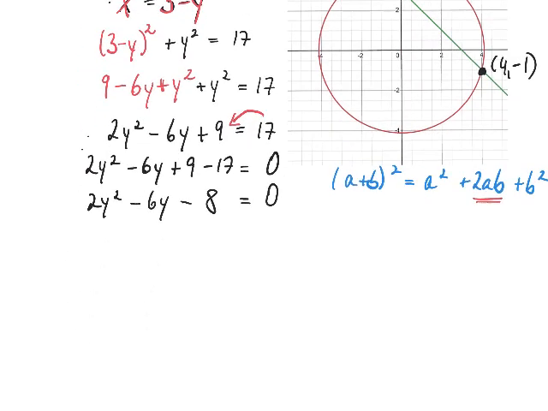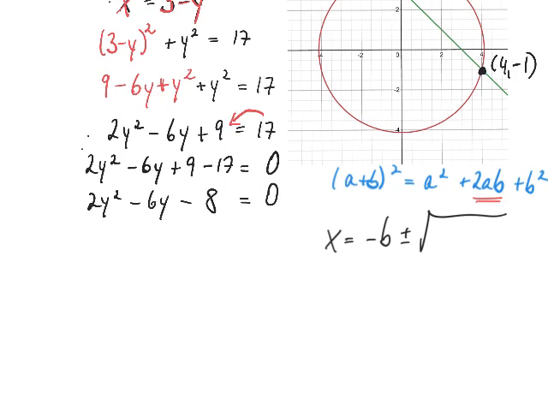Now I can solve it. I have two options: I can either factorize or use the minus b formula. We're just going to use the minus b formula, which is x equals minus b plus or minus the root of b squared minus 4ac, over 2a.